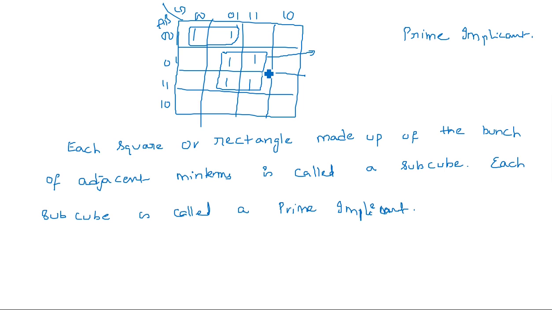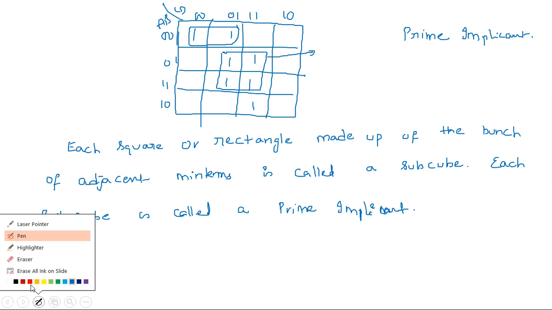Now we are going to see an essential prime implicant. This is what a prime implicant. Prime implicant is nothing but a group of ones will create one set. Now what do you mean by essential prime implicant? Essential prime implicant is nothing but the prime implicant which contains at least one minterm which cannot be covered by any other prime implicant. Suppose I have one more one here.